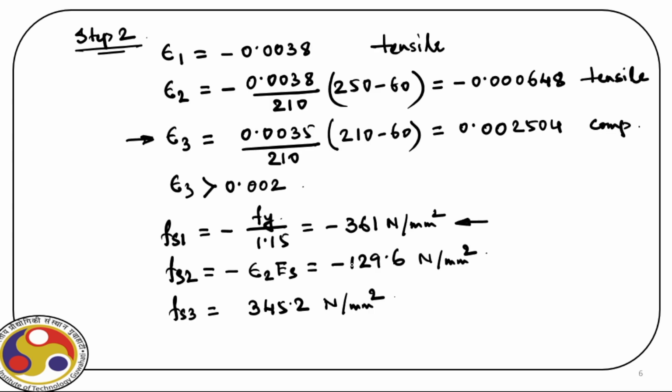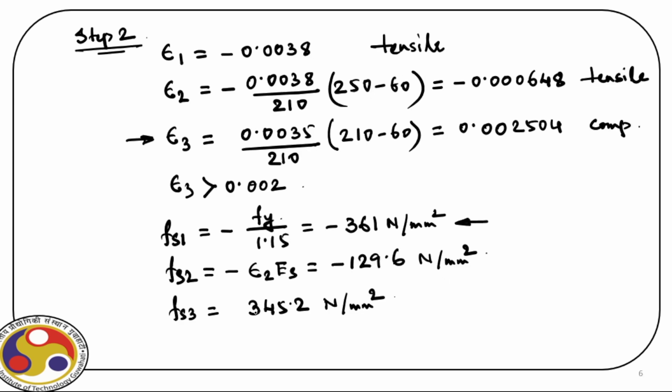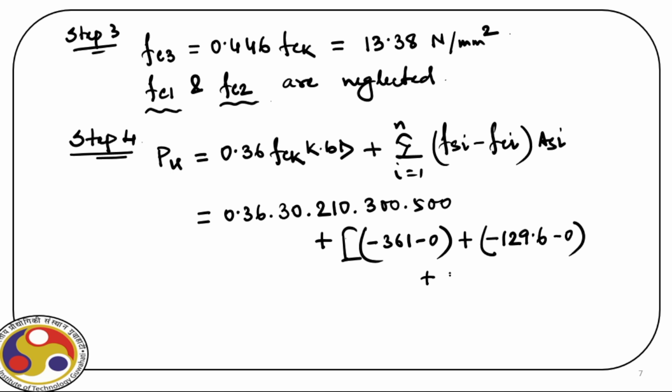we have second layer having a stress of minus 129.6. So it is minus 129.6 minus 0 plus then the third layer having 345.2. So 345.2 minus, for this layer we have concrete, which is 13.38. All this will be multiplied by 981, that is the area of the steel in each layer.